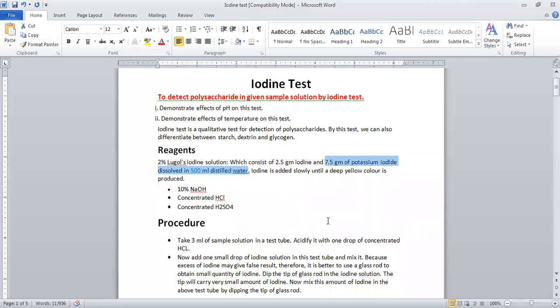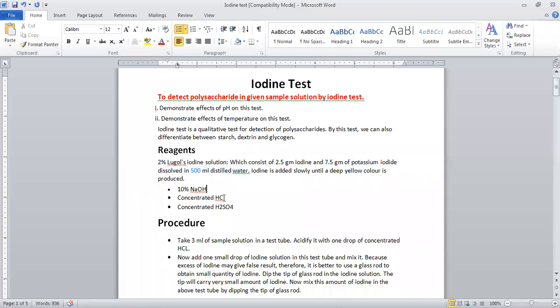You will take these two chemicals and mix them in 500 ml of distilled water. Total volume of solution should be 500 ml. Then you have 2% Lugol's iodine solution.